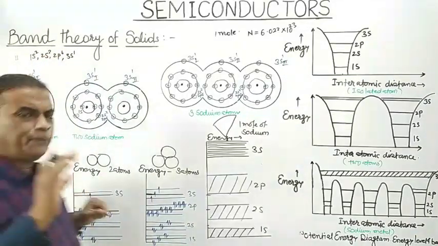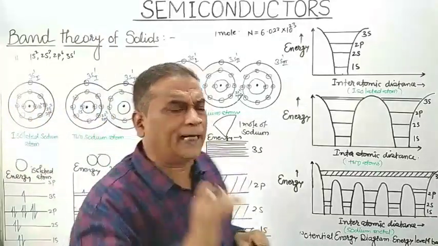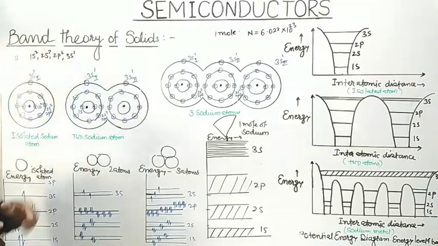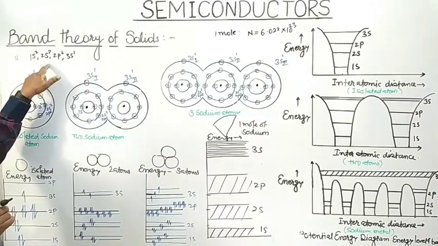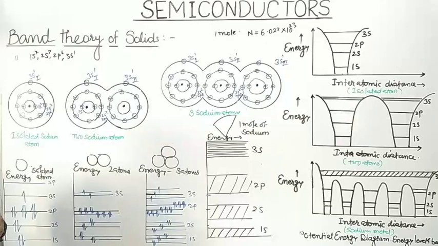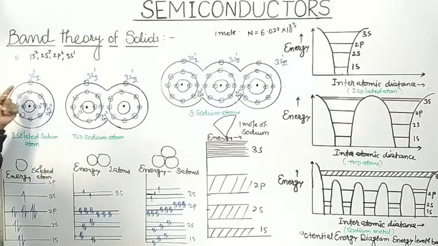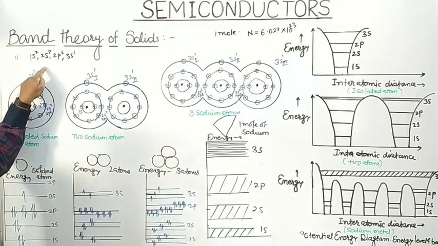So the electronic configuration of sodium atom is 1s2, 2s2, 2p6 and 3s1. In the second orbit, 2s2 and 2p6, in all 8 electrons are there, and in the outermost orbit, that is 3s1, only 1 electron is there.